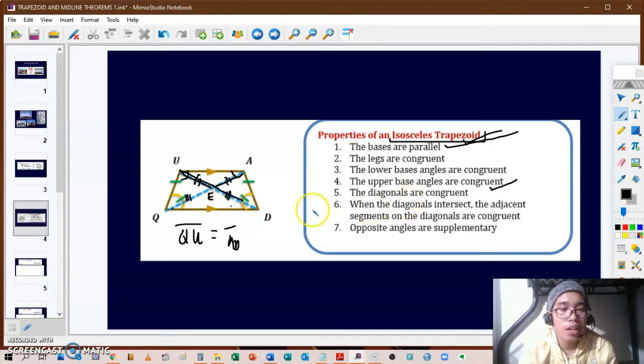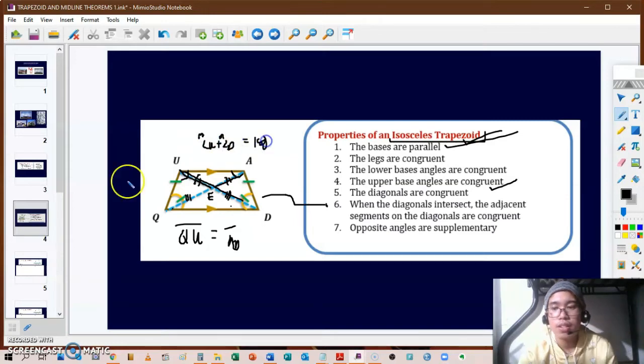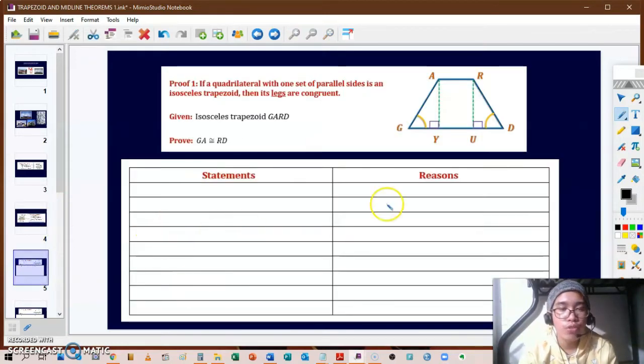That's what number 6 means. And number 7, the opposite angles are supplementary, so angle U plus angle D is equal to 180 degrees. Let's jump right ahead with the first proof.